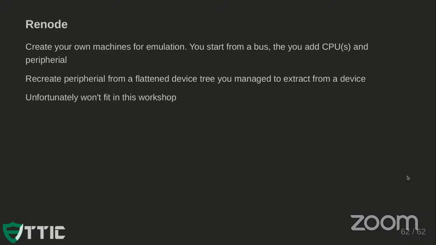Renode would make a good workshop in itself. In Renode, you start with a bus, and then you can define memory-mapped peripherals. There is a thing called a flattened device tree, which, when you work on a device, you can extract from the flash memory.